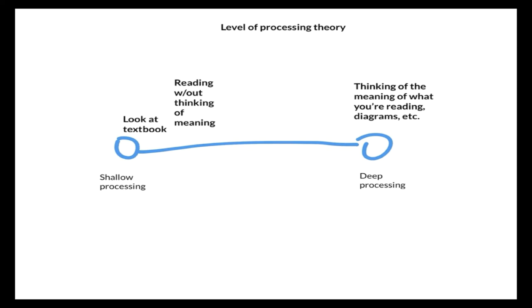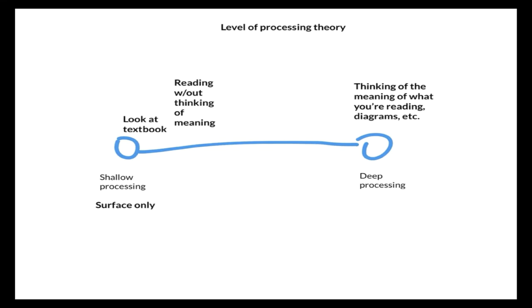Another way you can think about it is that deep processing gets to the meaning of things, whereas shallow processing is more of a surface. You just stick to the surface and use very limited processing. That's why just looking at a word or series of sentences or even a paragraph would be the most shallow type of processing.